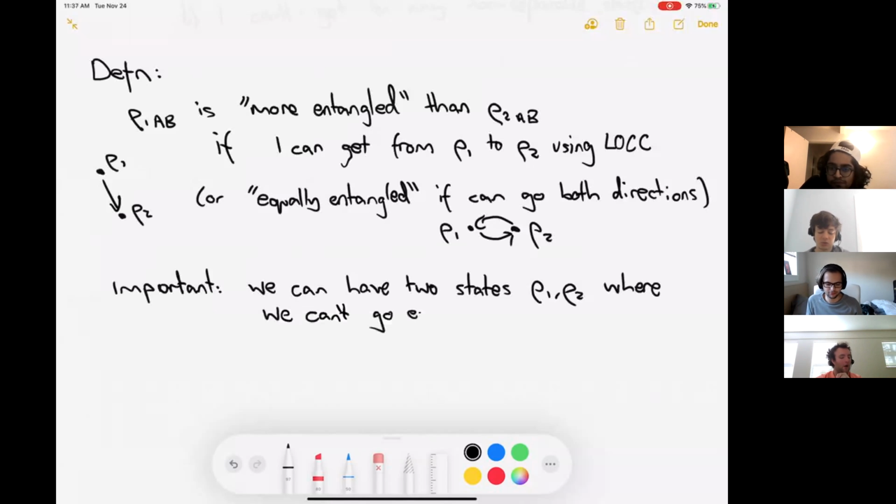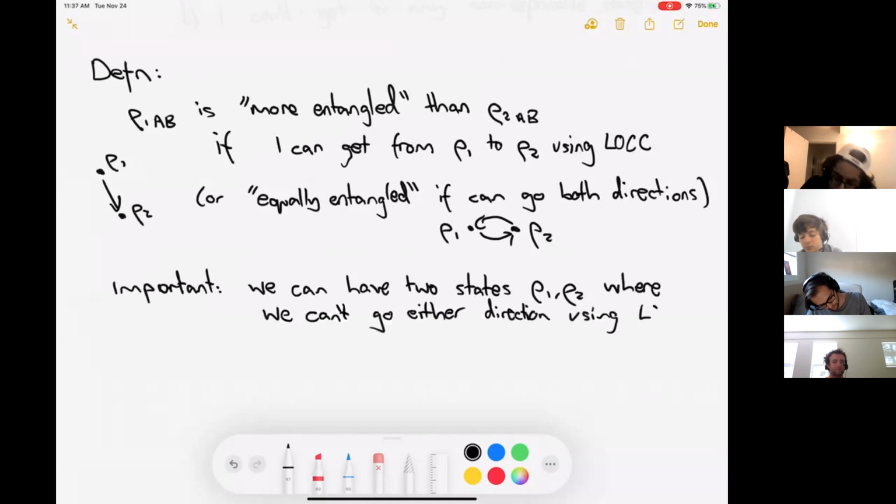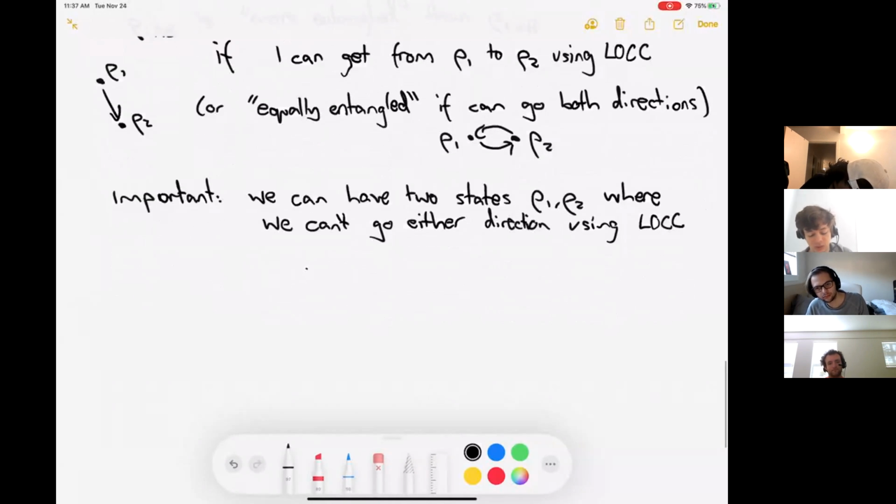Okay, we can't start with rho 1 and get to rho 2, but we also can't start with rho 2 and get to rho 1. So in this case, we have these two dots, rho 1 and rho 2, and there are no arrows between them at all. Okay, so in this case, we're going to say that rho 1 and rho 2 are differently entangled, right?